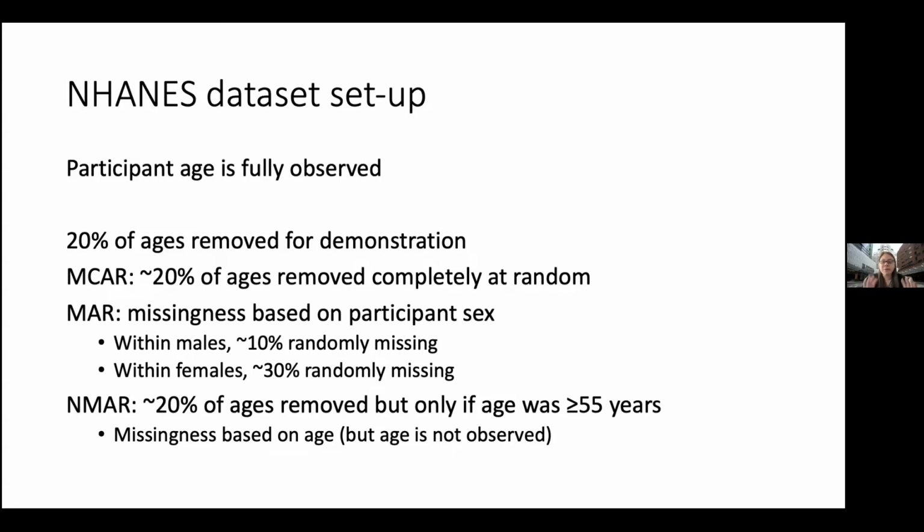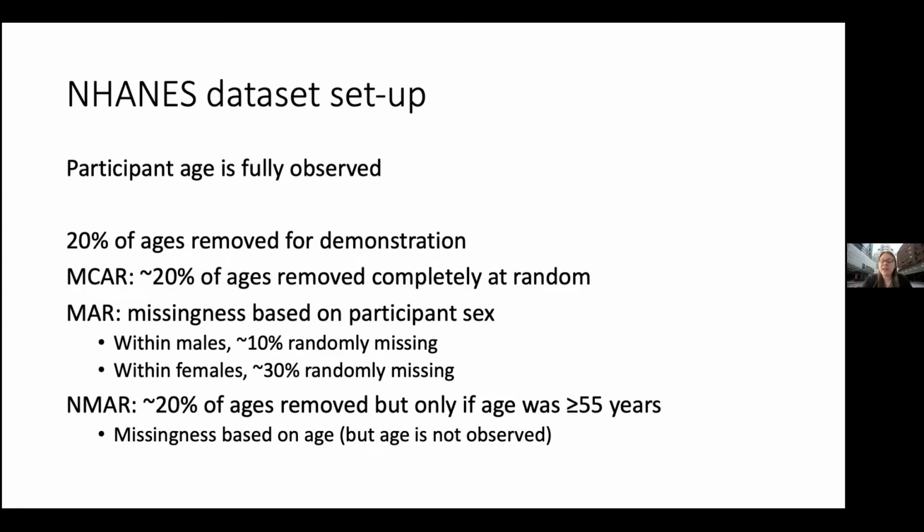I had just a random sample that I took out. For the MAR, I made it based on participant sex. So within males, about 10% are missing, and within females, about 30% are missing. So the fraction of missing information is dependent on sex. And then for the not missing at random situation, I took, again, about 20% of those ages out, but only if the age was 55 years or older.